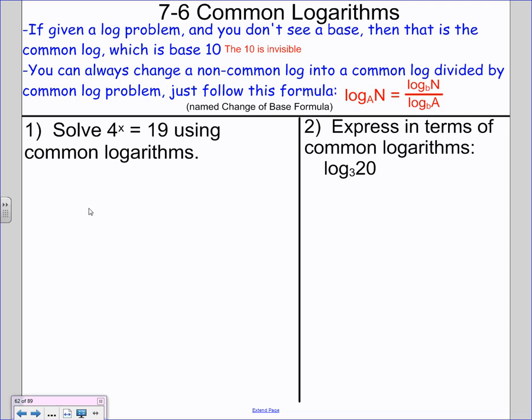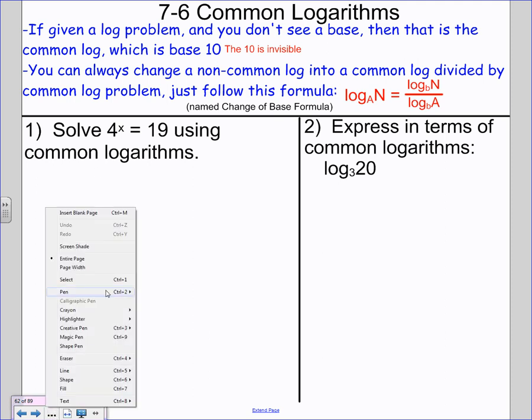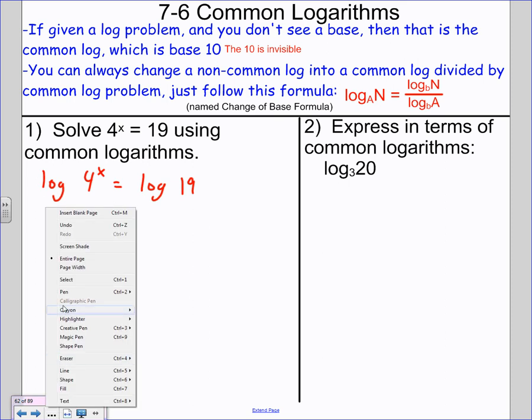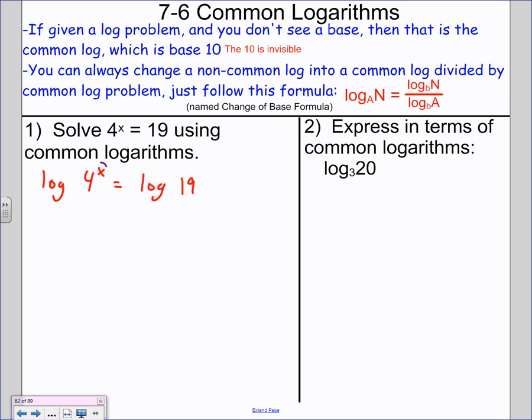For number 1, we're going to solve 4 to the x power equals 19 using common logs. So we're going to apply the common log to both sides. That means log base 10 of 4^x is equal to log base 10 of 19. Again, the 10 is understood to be there, so you don't have to write it. To get x from being a power, I would have to apply the logarithmic property that allows it to move out in front.